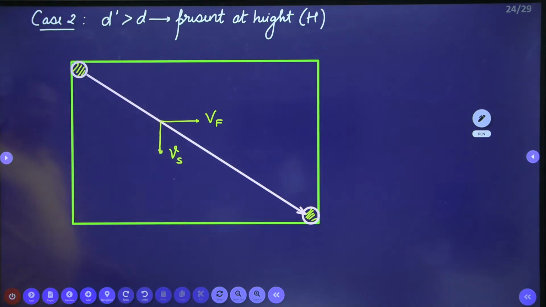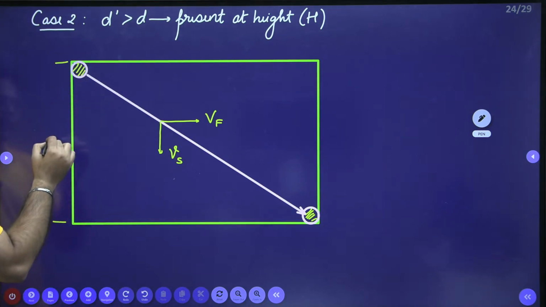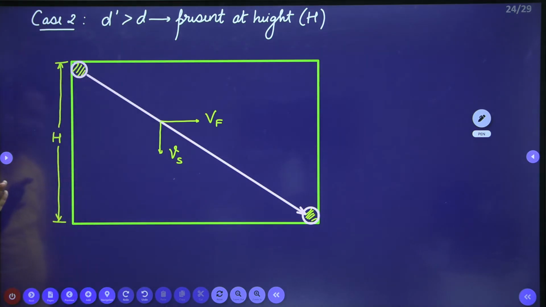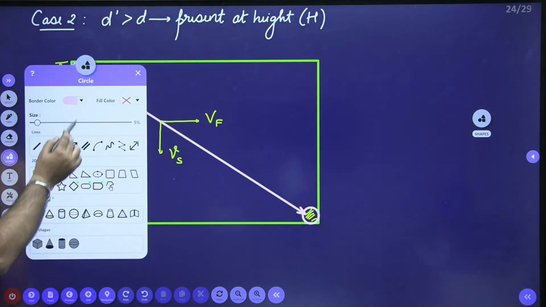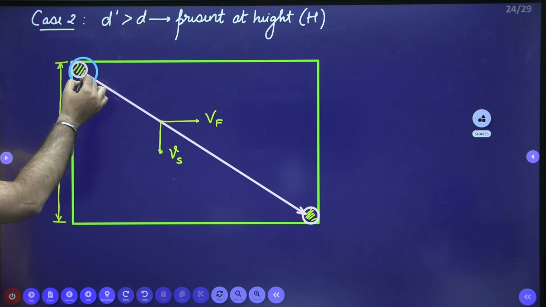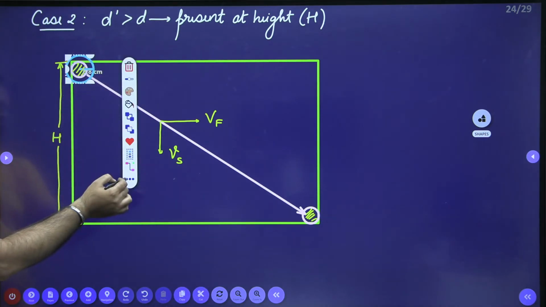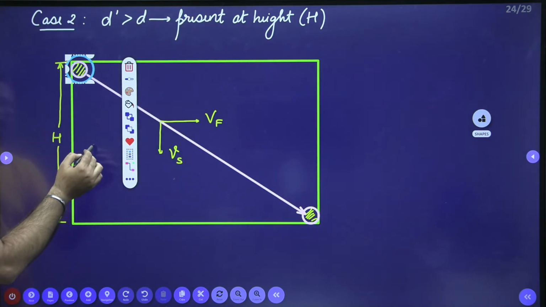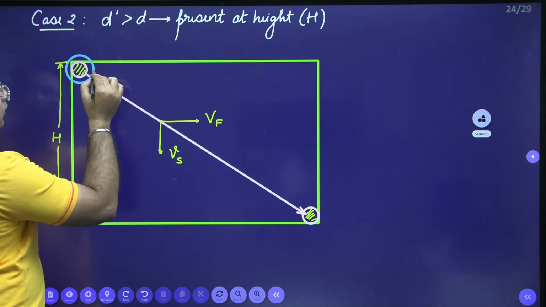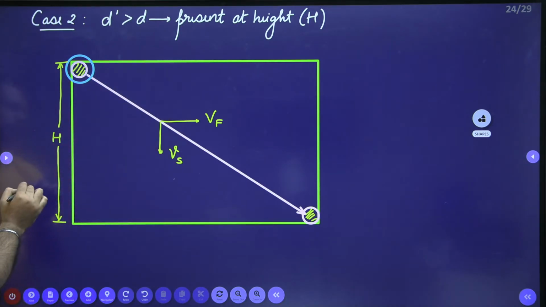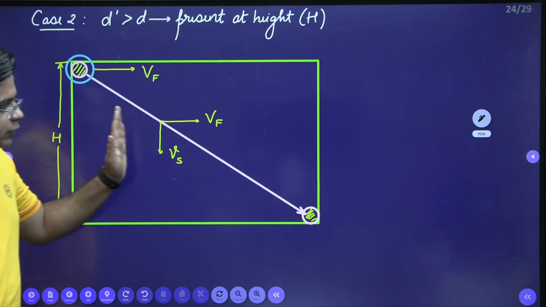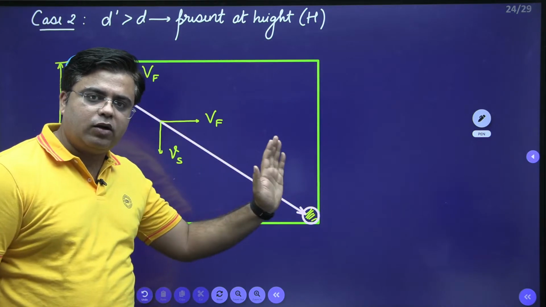Now, if at the same height capital H, a bigger size of the particle is present, which has size more than the concerned size, then for this bigger size of particle, the horizontal velocity of flow is the same, because Vf is the velocity of water through which all the solids will travel along the horizontal direction.